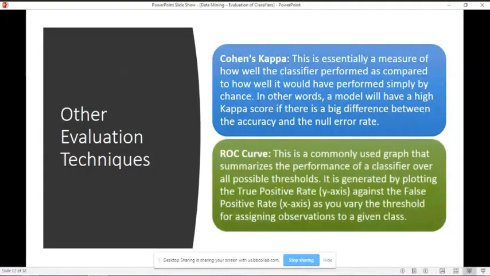So if you end up using human subjects to look at data and tag it, if two different people were to tag or label that set of text, let's say, and they both found the same thing, then your Cohen's kappa would be higher. But if they didn't find the same thing, then it would lower your Cohen's kappa.